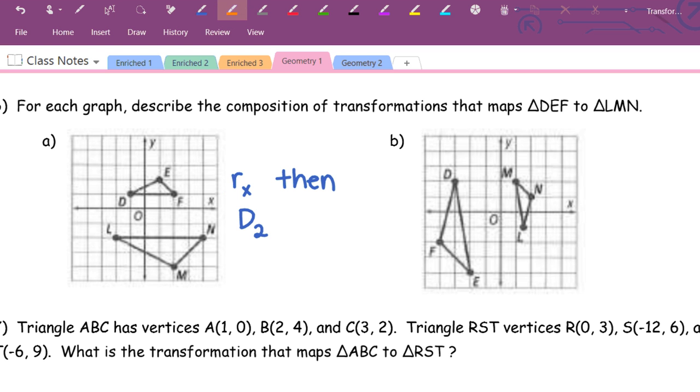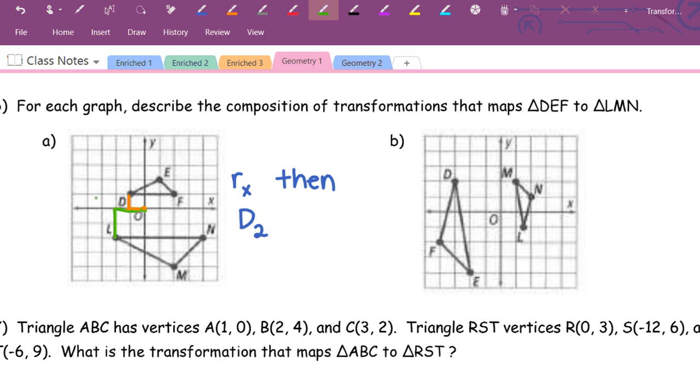If the dilation is centered at the origin, to go from the origin to point D, I would go back 1, up 1. To go from the origin to L, which is what it would map onto, I have to go back 2 and up 2. So that movement from the origin, that distance, is multiplied by what scale factor? 2.